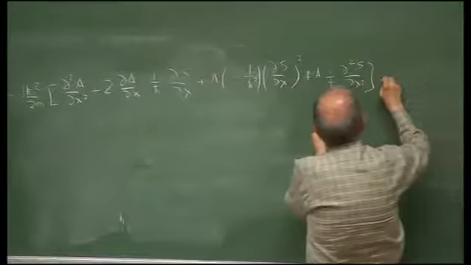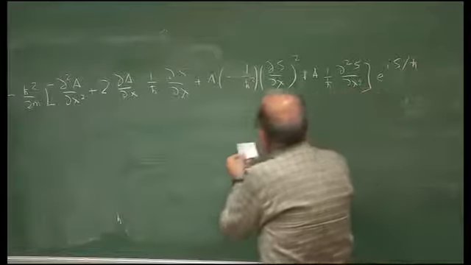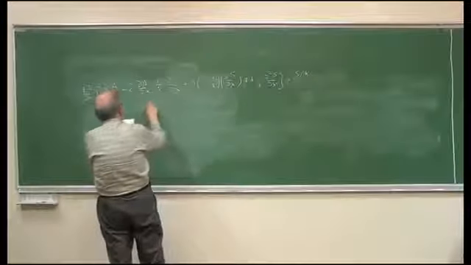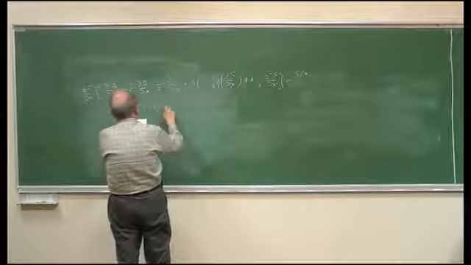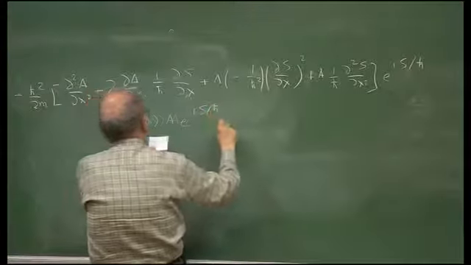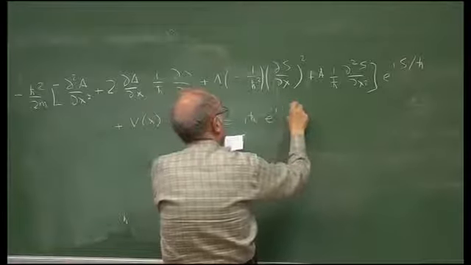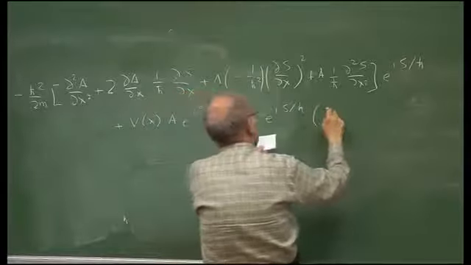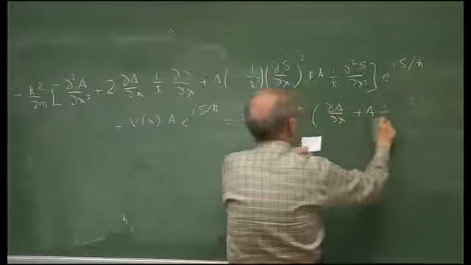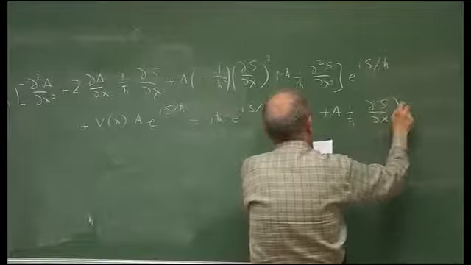All of this is multiplied by e to the iS over h bar, the common factor, plus like this.